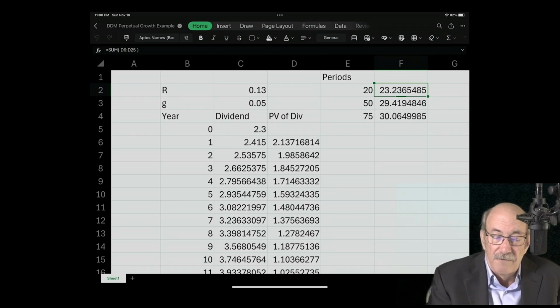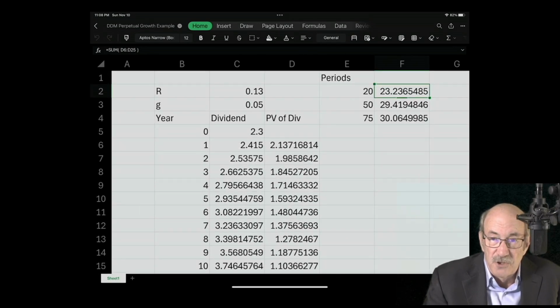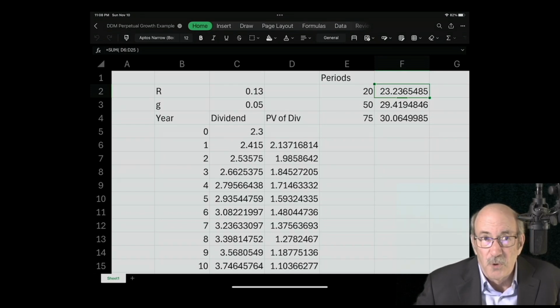We start off on a dividend of $2.30. And then the next dividend is 2.3 times 1.05, which turns out to be 2.415. And then the next dividend is 2.415 times 1.05 again, and that turns out to be 2.53575, and so on down the line. You get the idea here, right?